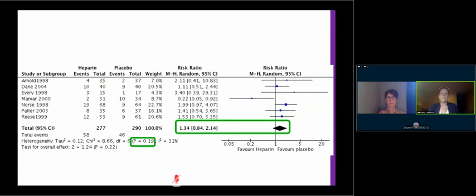So maybe I'll just do this example, and then we can really open it up to some questions. I'll take this example of the heparin versus the placebo and the outcome of bleeds. We have this estimate of 1.34, confidence interval 0.84 to 2.14.